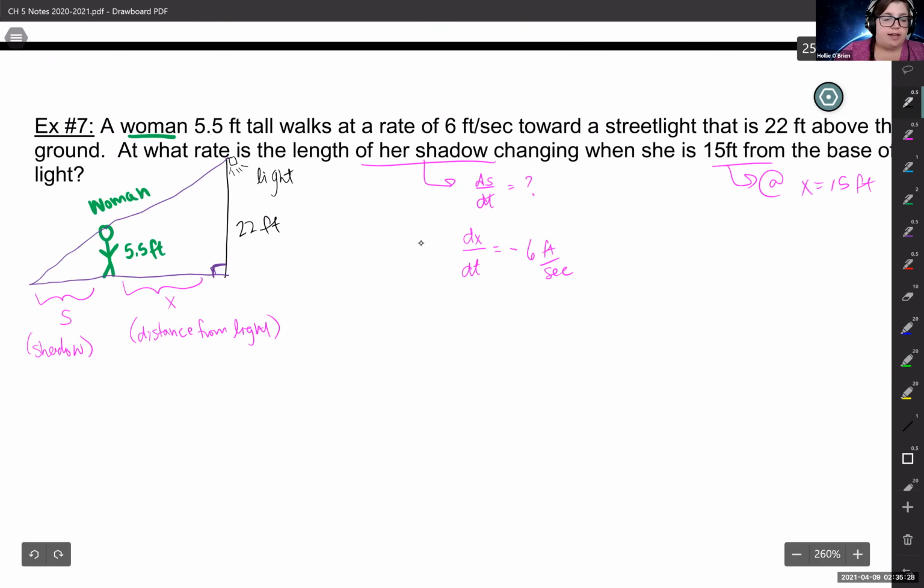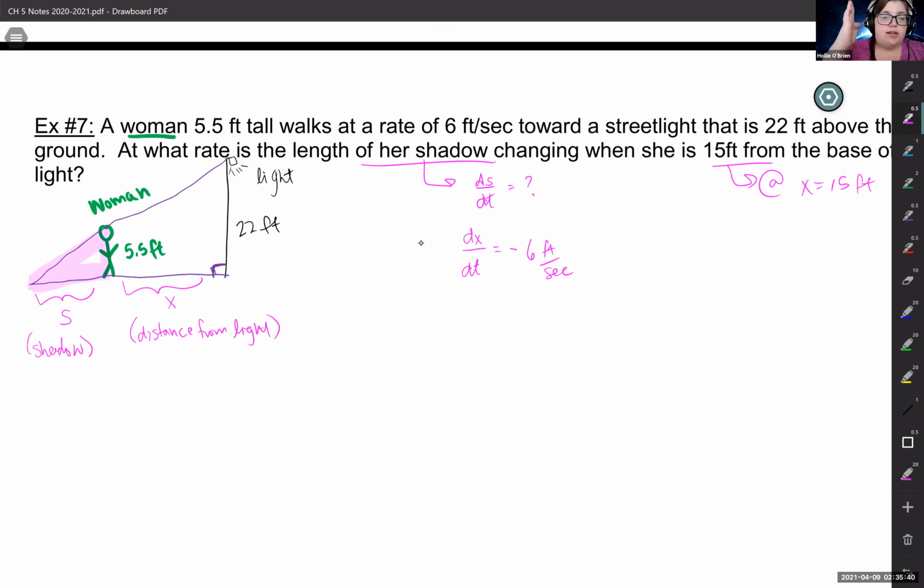What this is going to look like: I'm going to use the small triangle, height over width.